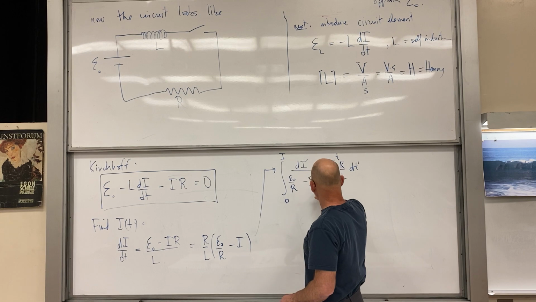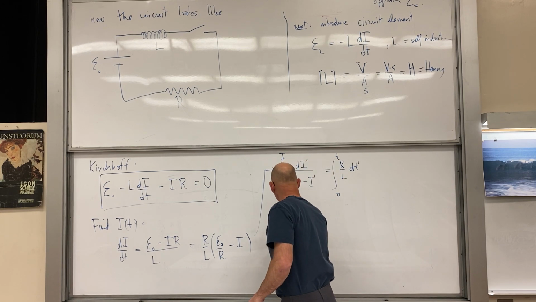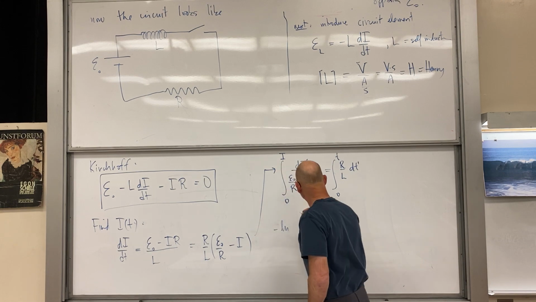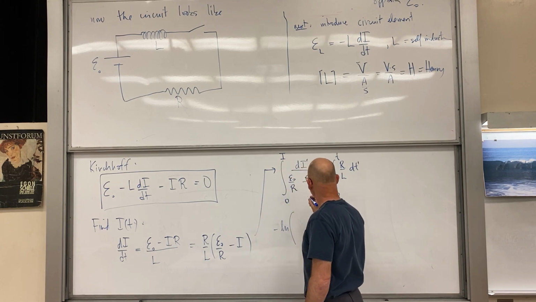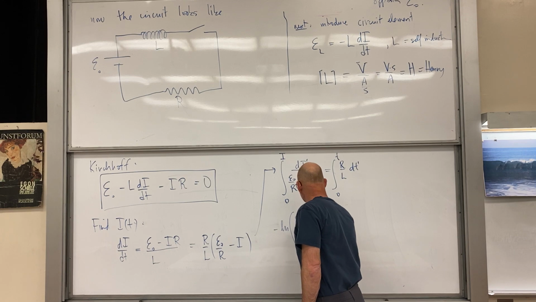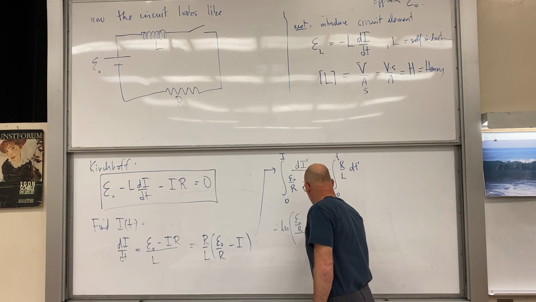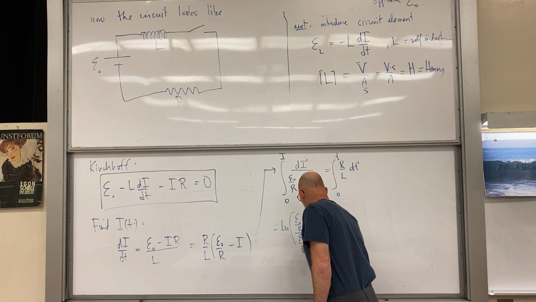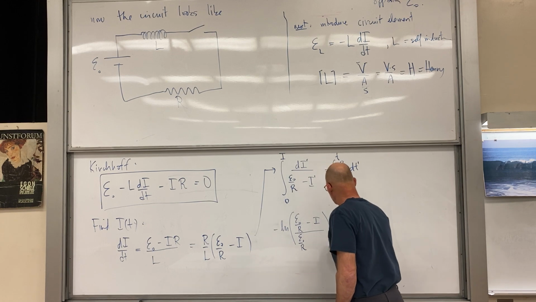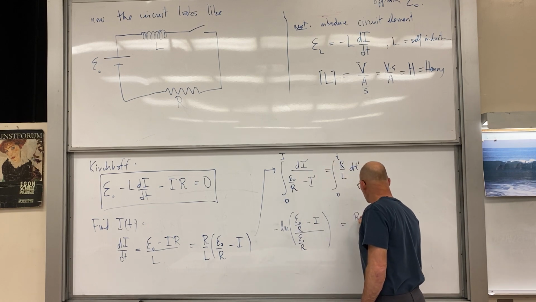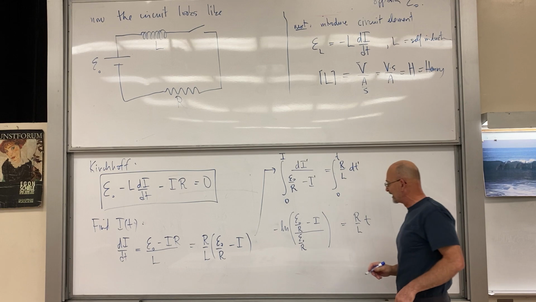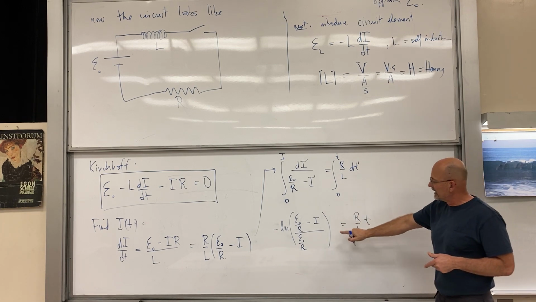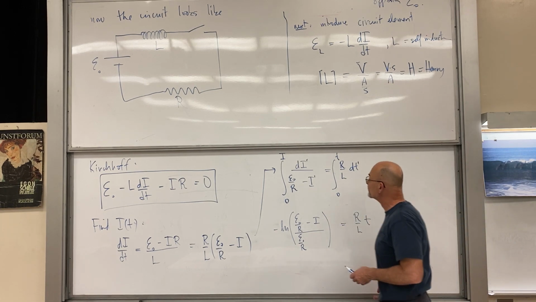And what do we have here? We'll have a minus from the integral there, minus natural log of (E0 over R minus I), and then the lower boundary is 0, just E0 over R. And here we will have R over L times t. So we're just going to invert that and solve for I of t.